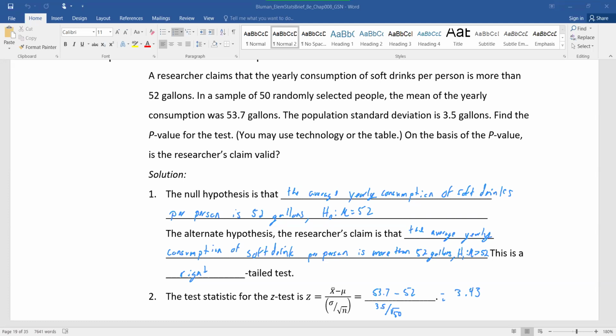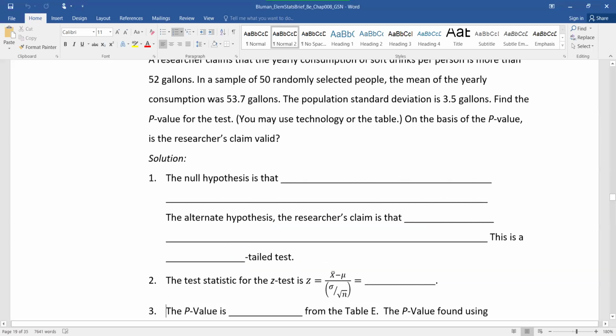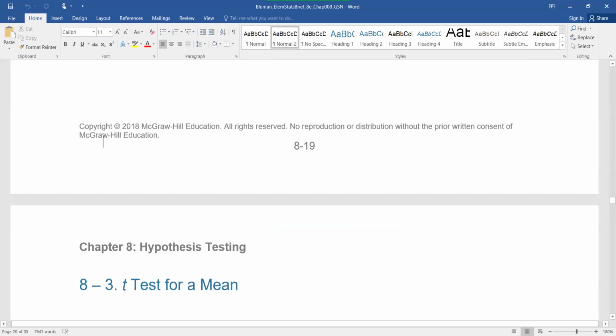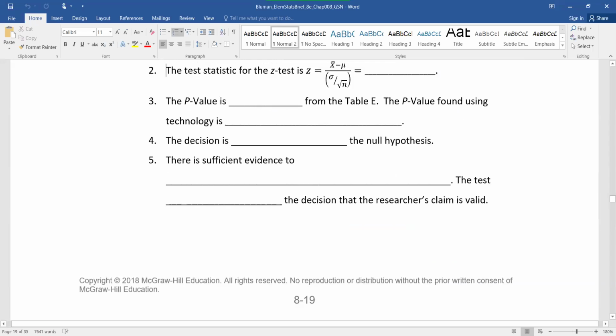I want to scroll up. Okay, so I'll rewrite it here real quick. It was 3 point what? 43.